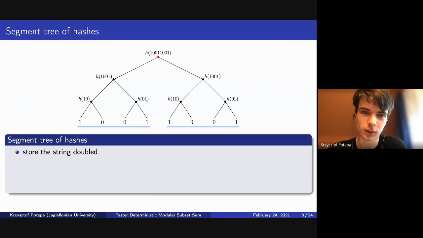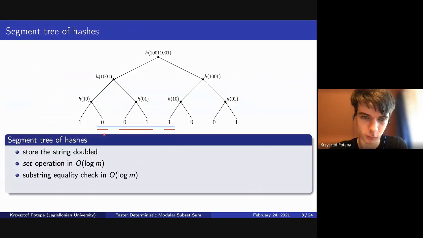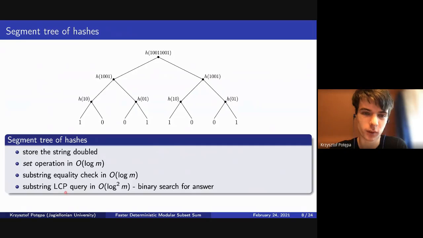Every inner node contains a hash of the underlying string, and we can change any character in log m time by updating the path. We can check equality of two substrings in log m time, because we can get the hash of any substring in log m time. And we can do an LCP query in log squared time by binary searching for the answer and checking the equality.